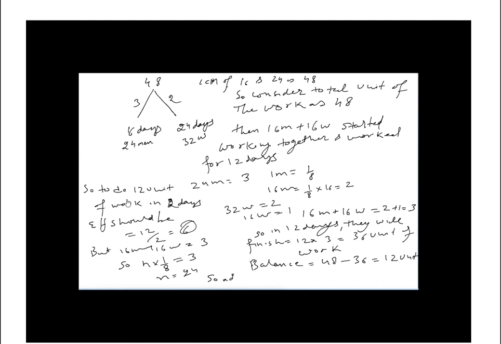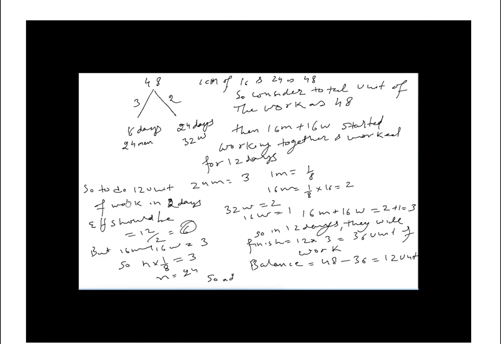Suppose we are employing n men, and 1 man has efficiency of 1 by 8, and it should be equal to 3. So n will be 3 into 8, 24. So we have to employ 24 more men so that this work can be completed within 2 days.